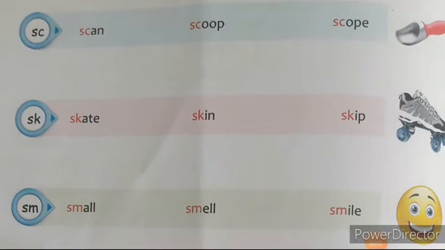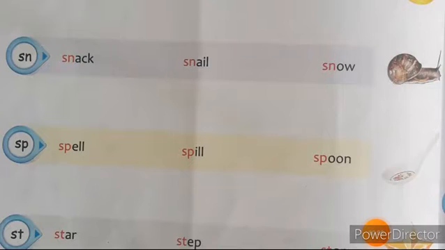Again listen to the words and repeat along with me children: sk, scan, scoop, scope, skate, skin, skip. Next one, small, smell, smile, snack, snail, snow.